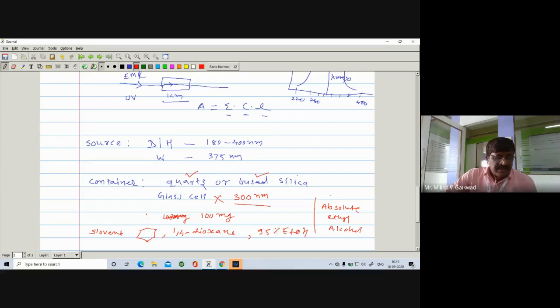The answer is that absolute ethyl alcohol contains some traces of benzene, and you know benzene contains pi bonds, so you get a signal at 255 nanometer. So we are not using such a solvent. Generally we use cyclohexane, 95% alcohol, or 1,4-dioxane. Sometimes they may also ask such questions.